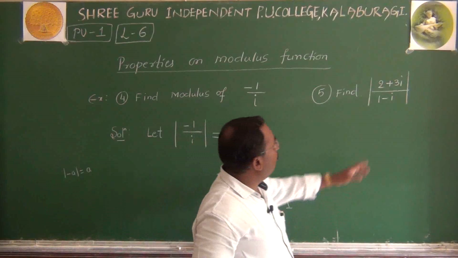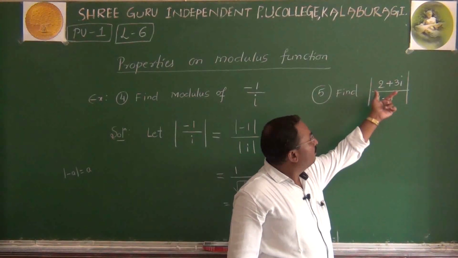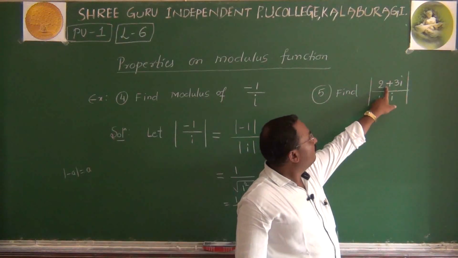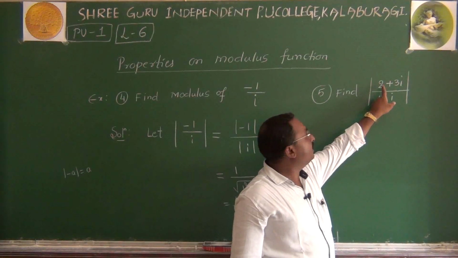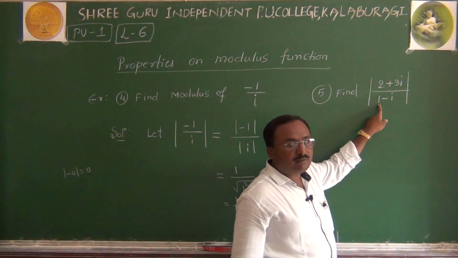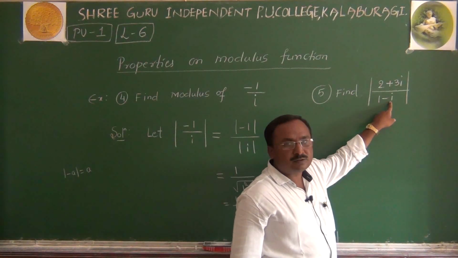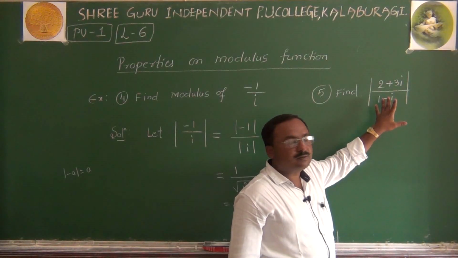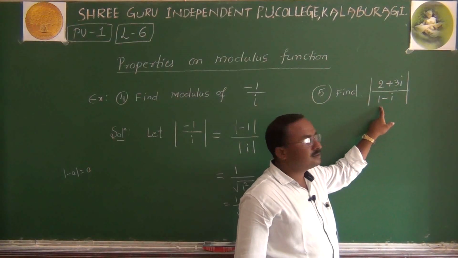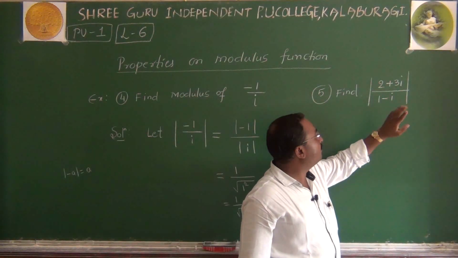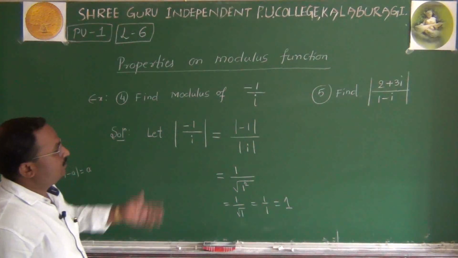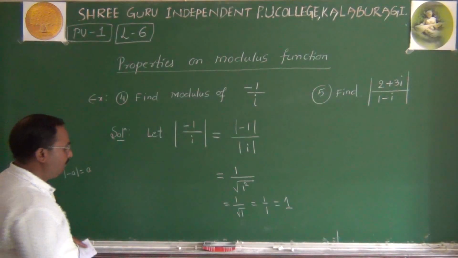This is the solving procedure: modulus of numerator, modulus of denominator. The modulus of the numerator is the square root of real part square plus imaginary part square. For the denominator, the square root of 1 square plus minus 1 whole square. A negative square is always positive. Square root of 4 plus 9, square root of 1 plus 1. That formula is there. It is homework. Do it at home.